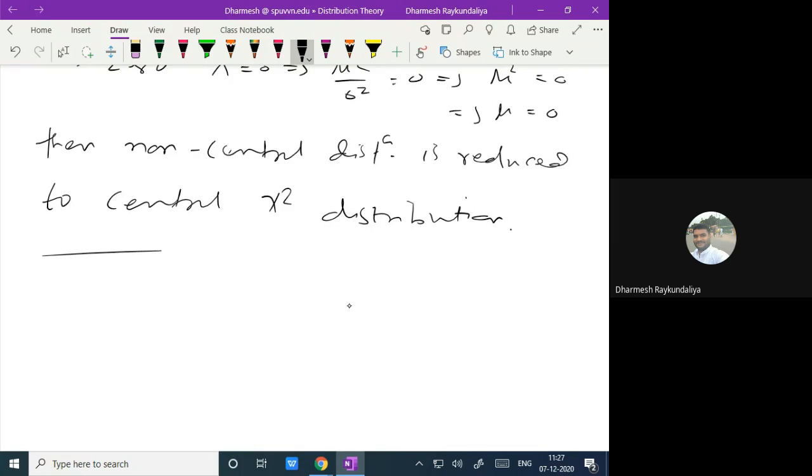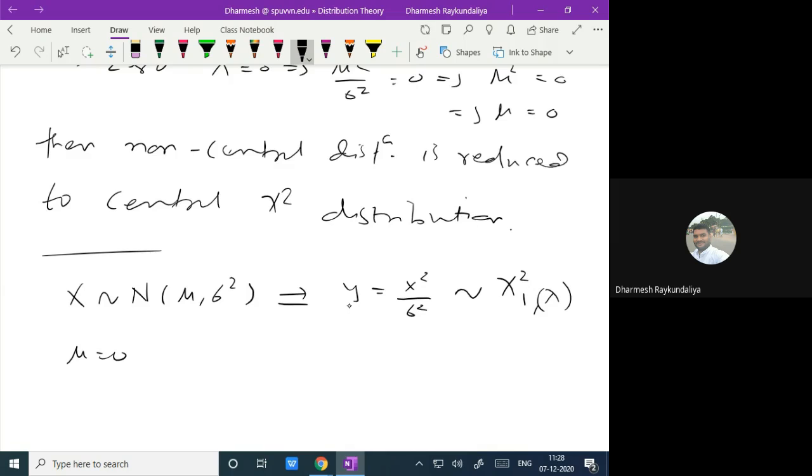So it means that if x is normal with, let us say, mu, sigma square, then y equal to x square upon sigma square is non-central chi-square with 1 degree of freedom, and non-centrality parameter is lambda. But if mu equal to 0, then x is normal with mean 0, sigma square, and y equal to x square upon sigma square is a chi-square with 1 degree of freedom.